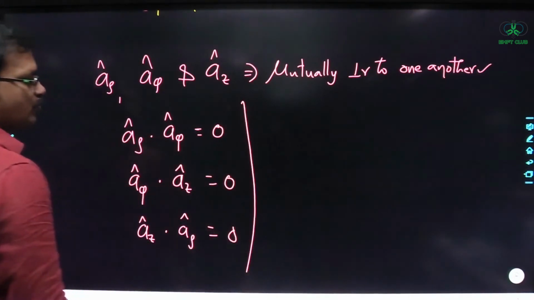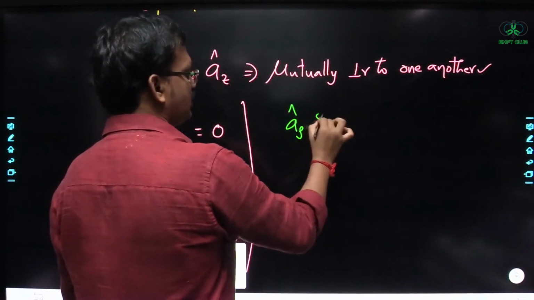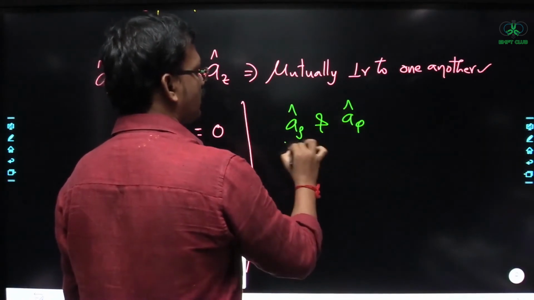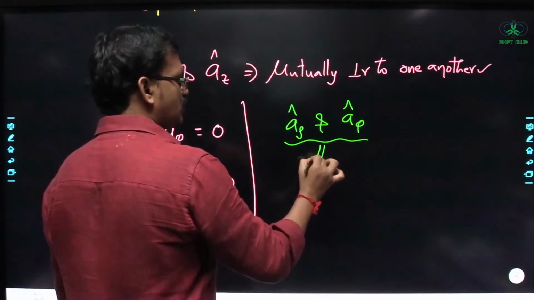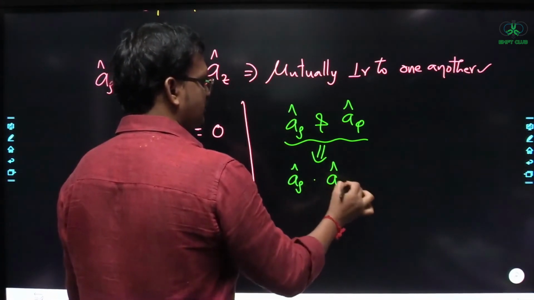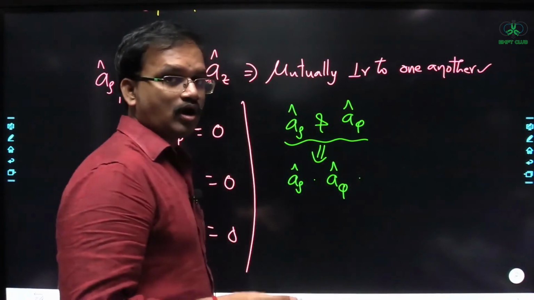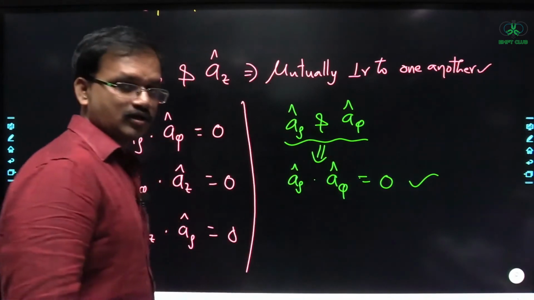So to check whether the expressions we determined for aero cap and a phi cap are correct, you can do aero cap dot a phi cap and check whether it becomes 0. If it does, our answer is correct.